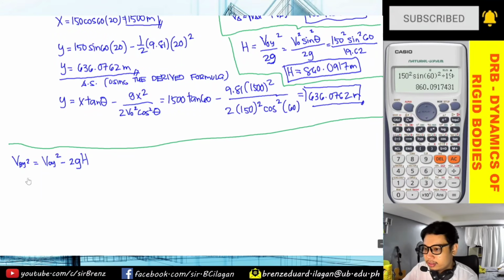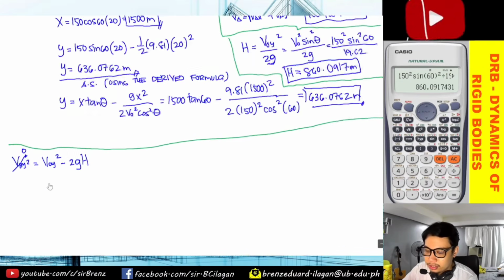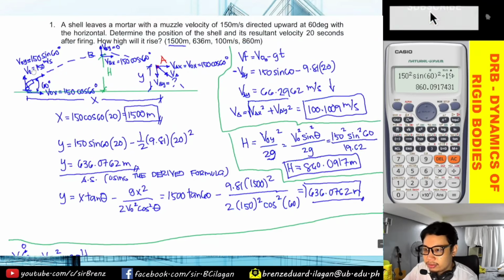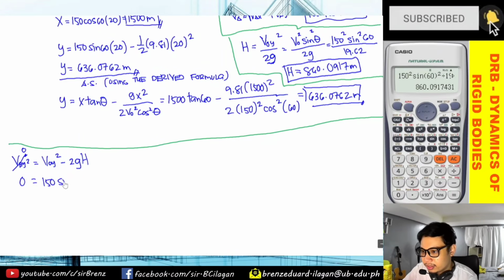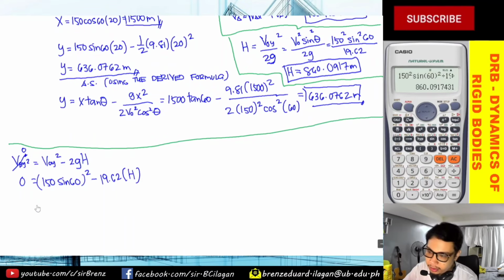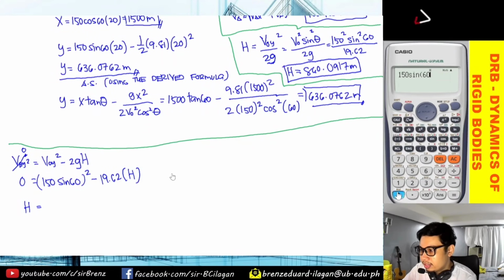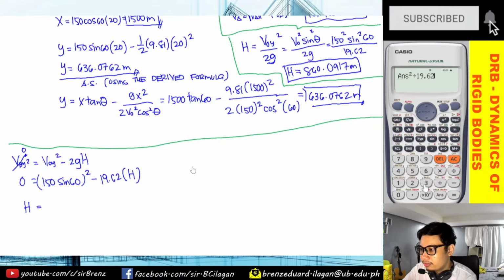Knowing that yung VBY mo is equals to 0, so 0 is equals to 150 sine 60 squared minus 19.62 times H. So, yung H natin is equals lang sa 150 sine 60 squared divided by 19.62. So that is 860. Ayan, kuha naman natin.